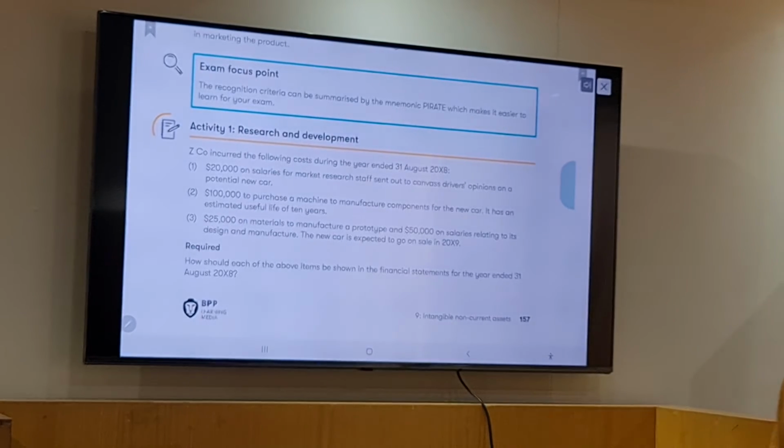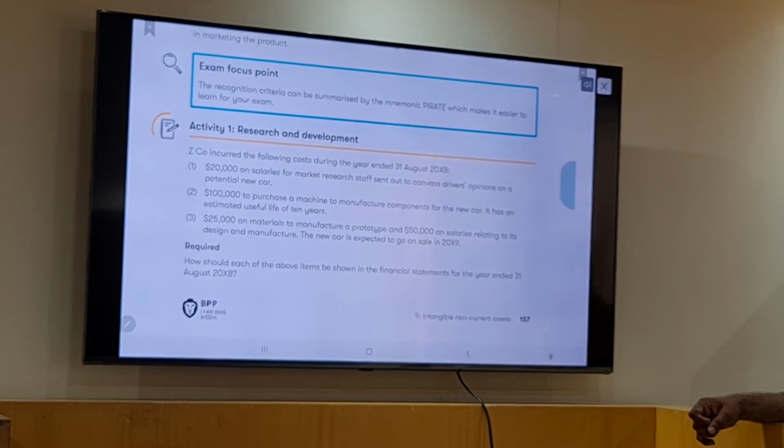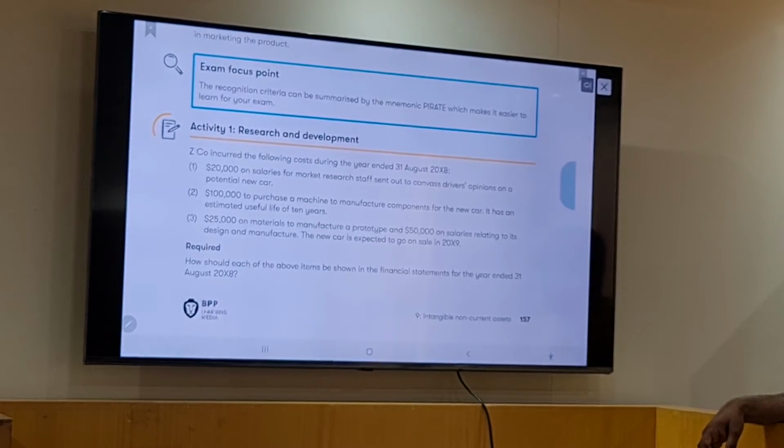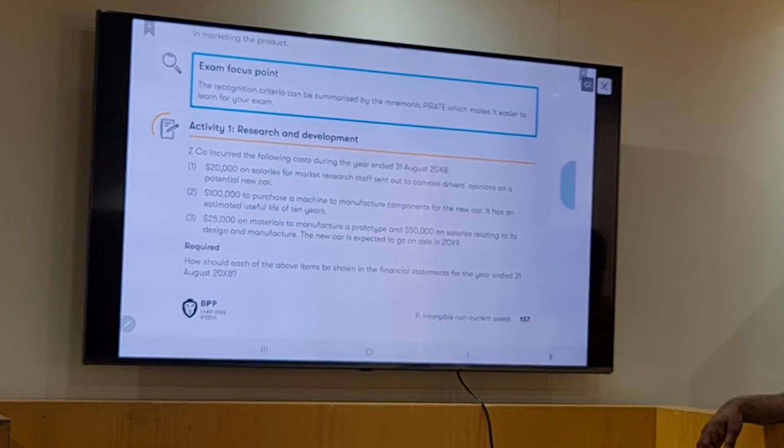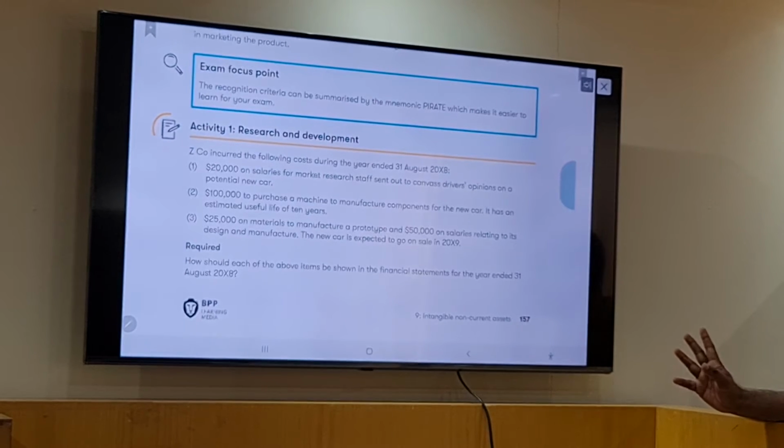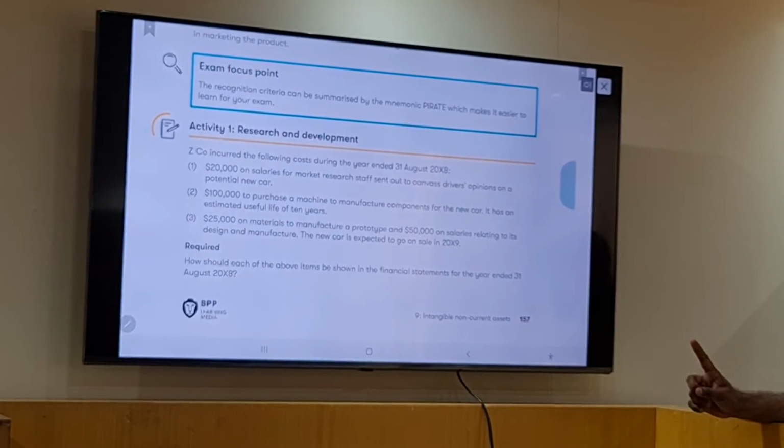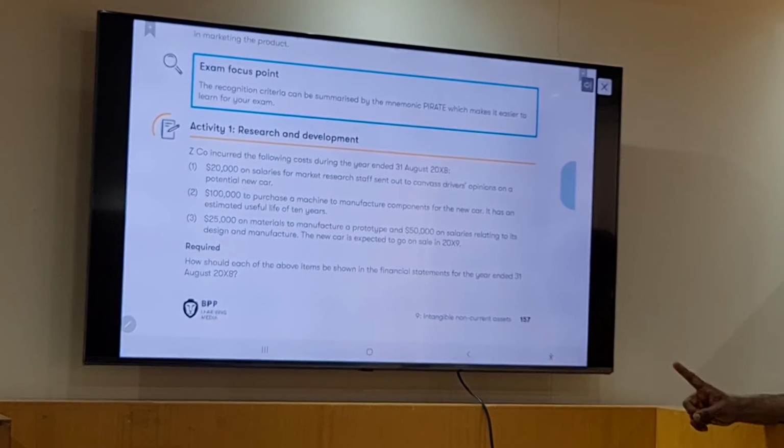Number 2, 100,000 to purchase a machine to manufacture components for the new car. It has an estimated useful life of 10 years. So development, what is this? It is not development, it is not research, it is just an asset they purchase. Yes, capital. So it's a machine, it's PPE.